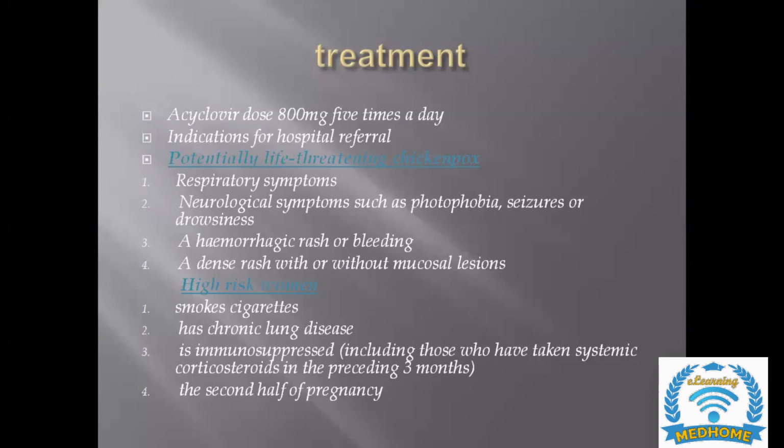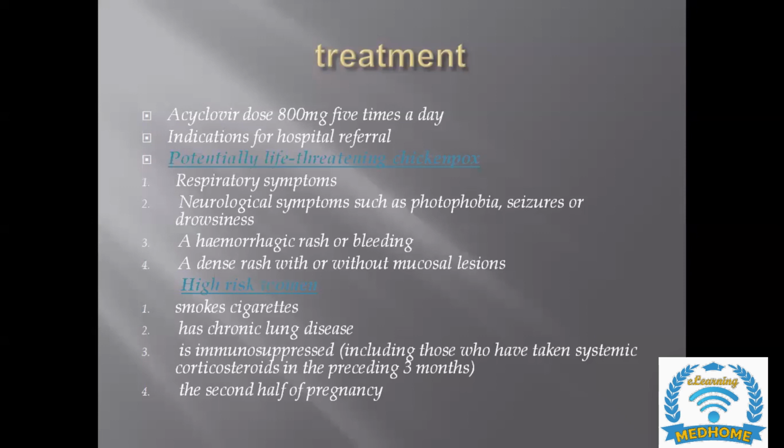The other is high-risk women, whom we need to refer to hospital for assessment. What are the high-risk women? It spreads by respiratory droplets, so basically it affects the respiratory system. If a woman smokes cigarettes or has chronic lung disease, or is immunocompromised, she is at risk of every infection.